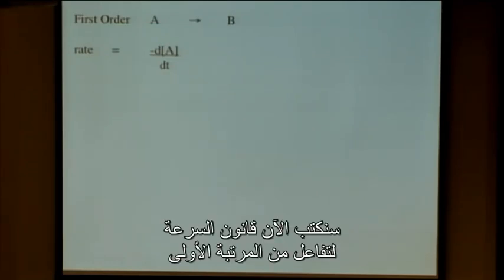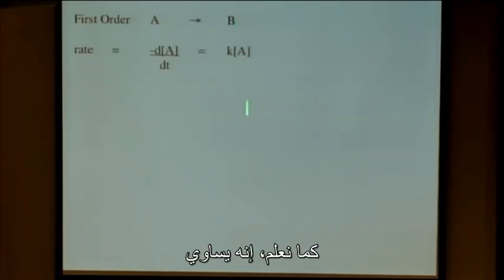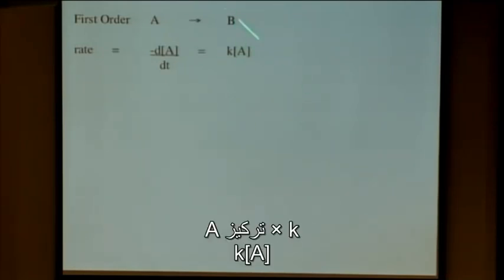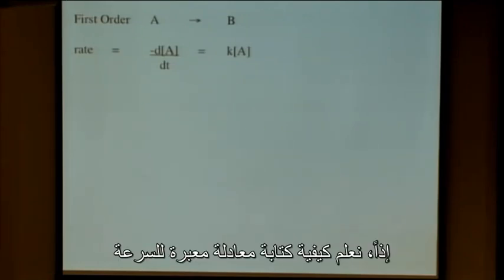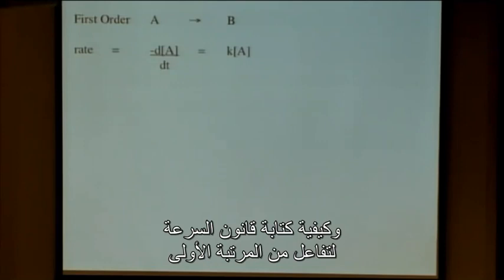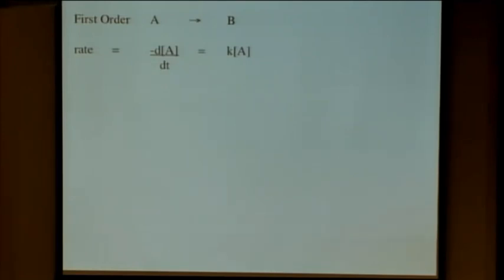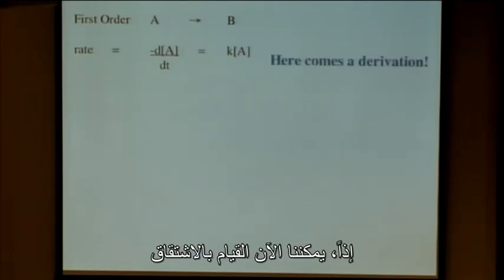We can also write the rate law for a first order reaction, and we know that is our rate constant, small k, times the concentration of A. So we can write the rate expression, and we can write a rate law for this first order reaction. Now we can do a derivation.